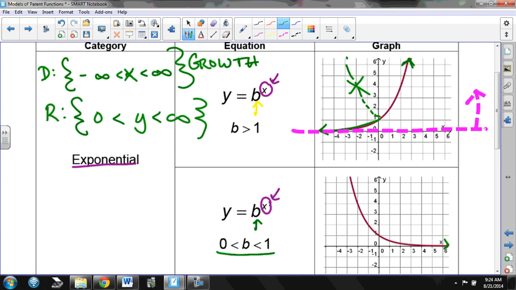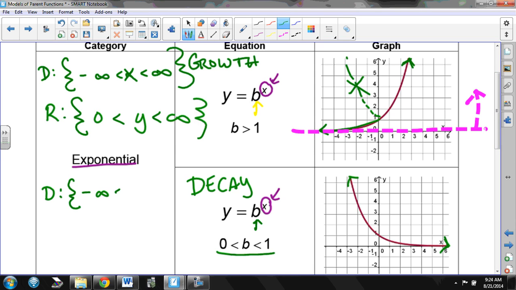For what's called exponential decay, where the values are decreasing to the right, what would our domain be? X can go as far left as we want it to go. X can go as far right as we want it to go.